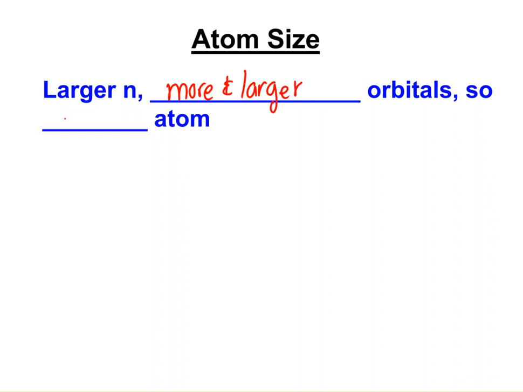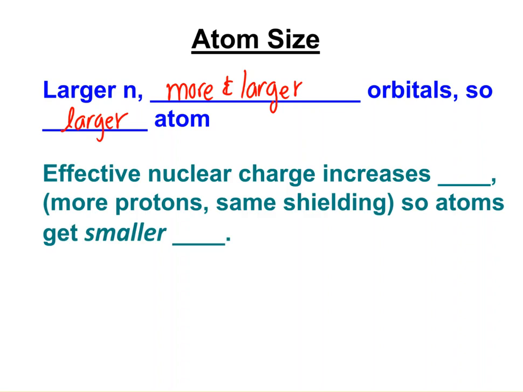So you have a larger atom. Effective nuclear charge is going to increase moving to the right because you have more protons and the same shielding, the same core electrons.